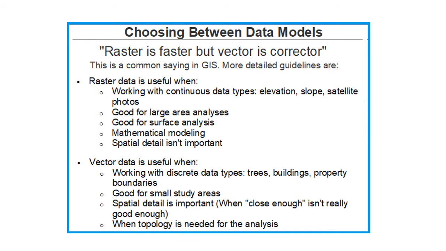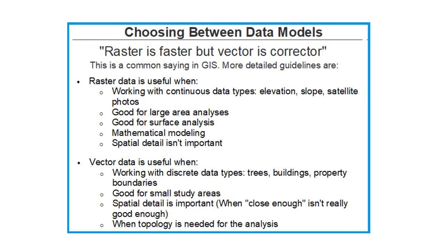Raster data is useful when working with continuous data types: elevation, slope, satellite photos. All data coming from satellites, hills, slope of the hills, elevation, a digital elevation model to show the surface of your field or a terrain or the surface of a dam, we need raster.